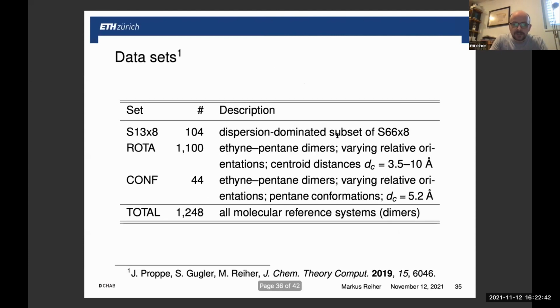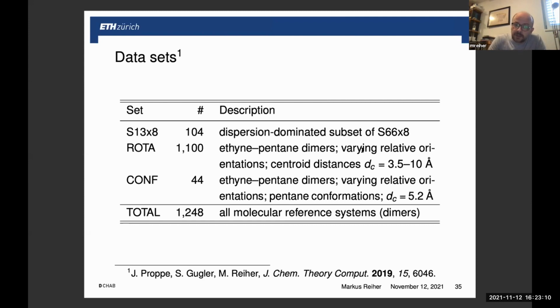We have the hyperparameters that change everything. Of course, we need the data set. The data set is, first of all, a subset of dispersion-dominated cases in the standard S66 data set. And then on top of this, we created reference data ourselves, where we had dimers which are dominated by dispersion interactions of pentane and ethane.